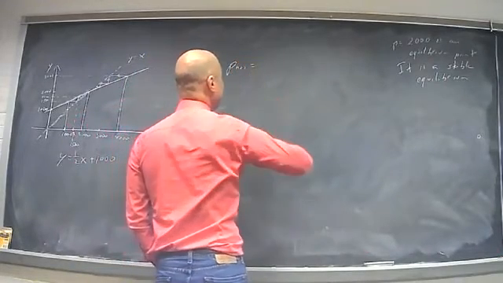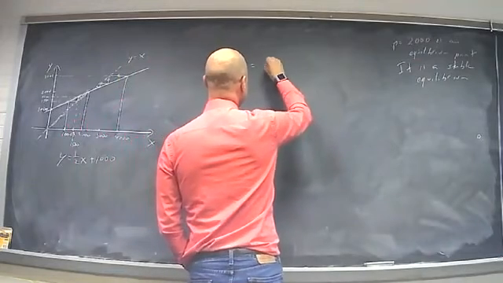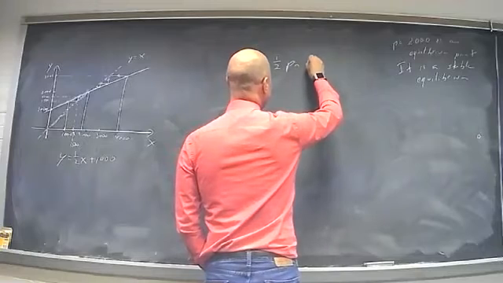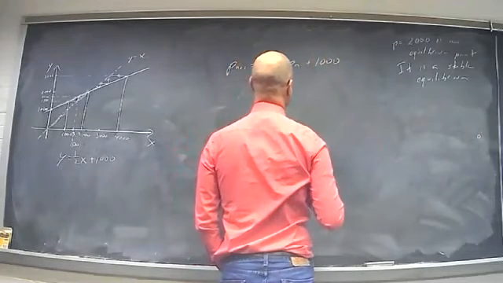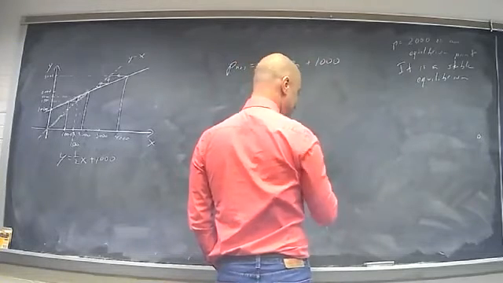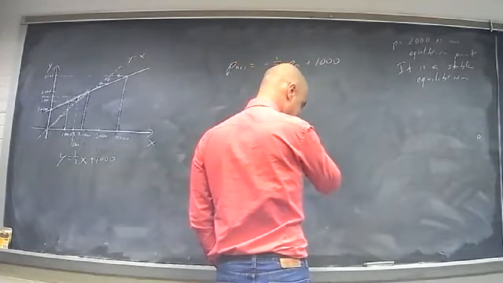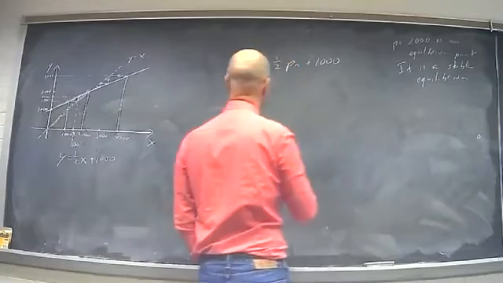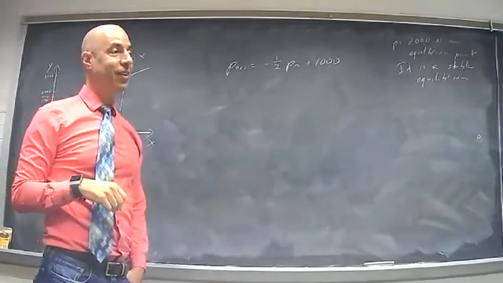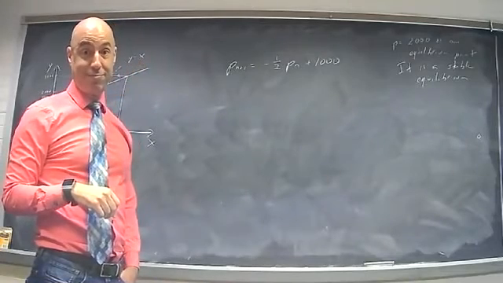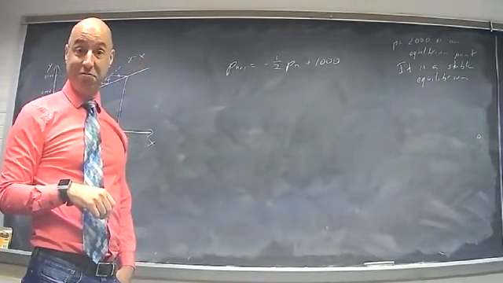Pn plus 1 equals negative 1/2 Pn plus 1,000. So to find the equilibrium, we would just have to have Pn plus 1 equal Pn.